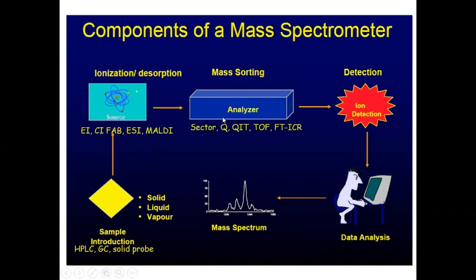Then as I told, there are different analyzers, like sector, Q means quadrupole, QIT quadrupole ion trap, TOF time of flight, FTICR Fourier transform ion cyclotron resonance. So what is the use of this analyzer?